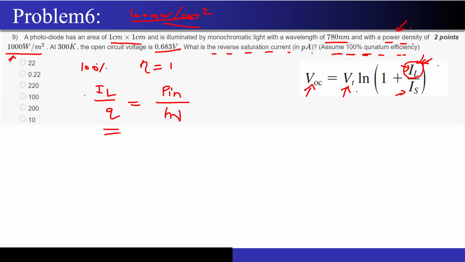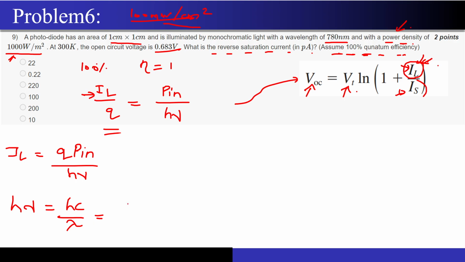Now if I can find the value of IL from this formula, I can substitute it in this formula and get the value of saturation current from here. So let's try to do that. IL will be nothing but Q into P in by h nu. Now how can I find the value of h nu? h nu is nothing but hc by lambda, which is 1.24 electron volt divided by lambda in micrometer.